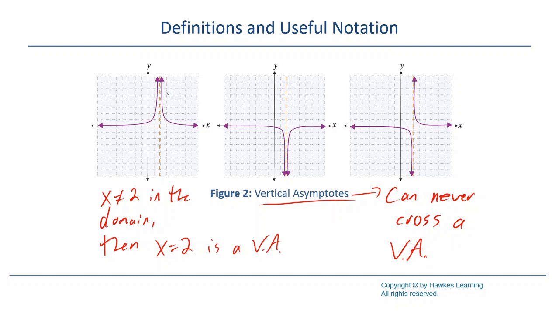Notice with these, the range goes up towards infinity on both sides. This is just saying that as you get closer and closer to 2, like you could plug in 1.99 or 2.01, you get really close on either side, but you just can't plug in that value.